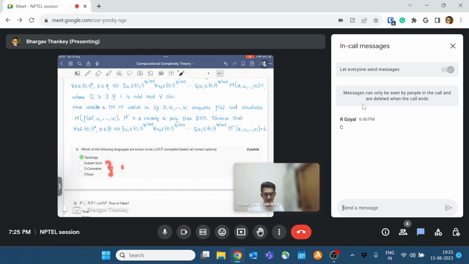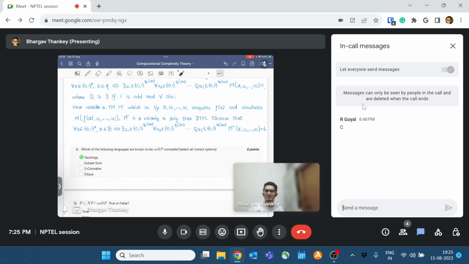We used to reduce the subset sum problem to Hamiltonian, I think, or I don't remember. You can obviously reduce them because all of them are NP-complete, it just depends on which reduction you have seen. I think subset sum was from some version of 3SAT.